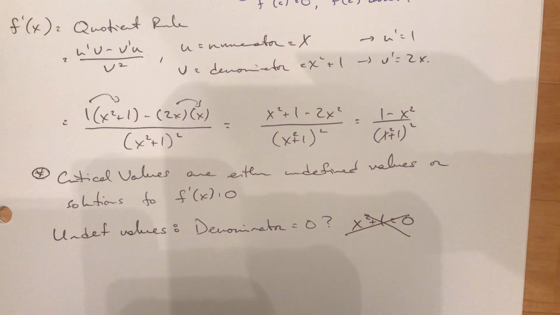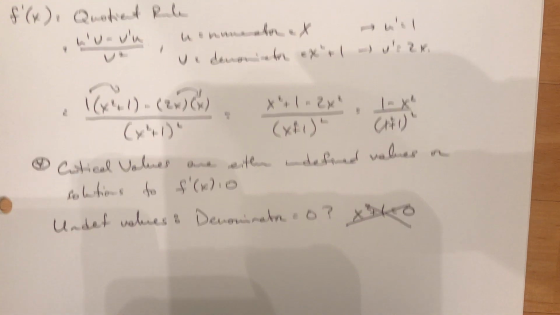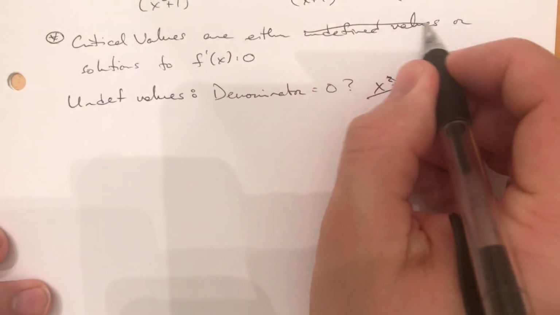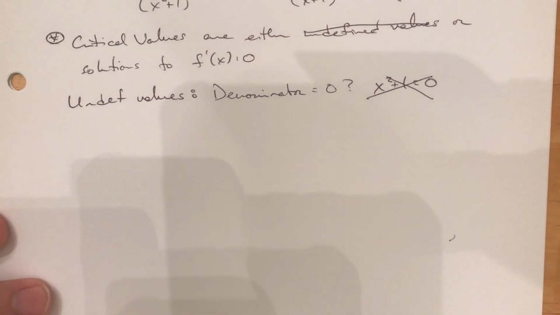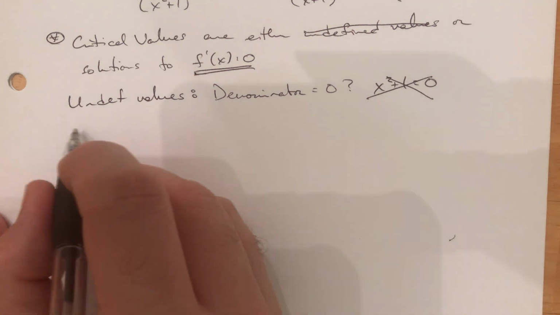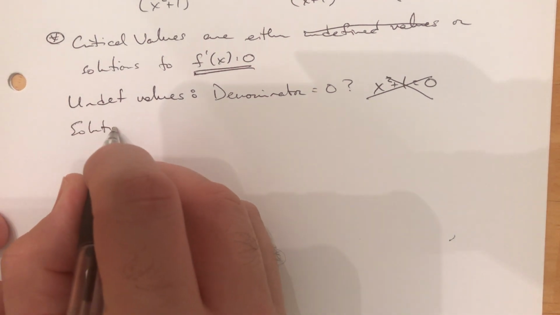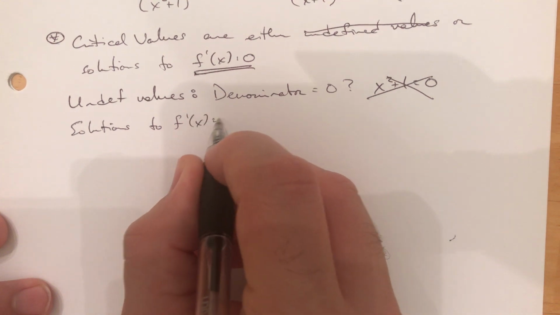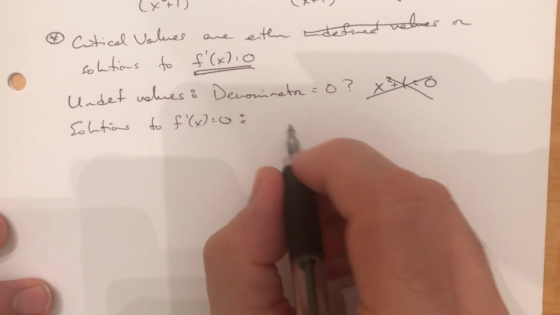And so we can't possibly get a 0 in the denominator. So our undefined values, as in a lot of our examples, we just don't have any of those. And so we'll move on to solutions to f prime of x equals 0.